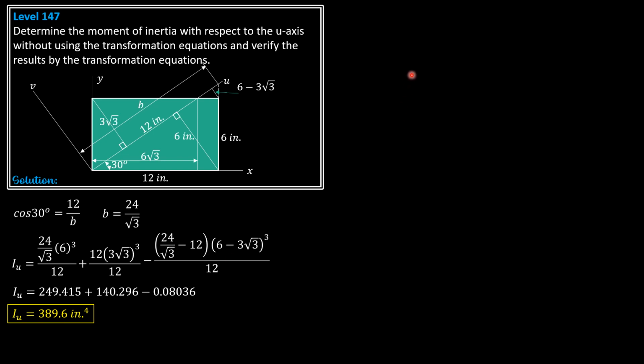Using the transformation equation, I sub u equals 1 half of I sub x plus I sub y, plus 1 half of quantity Ix minus Iy times cosine of 2 theta, where 2 theta here is 60 degrees, 2 times 30 degrees, and that is counterclockwise from the x-axis, so positive.